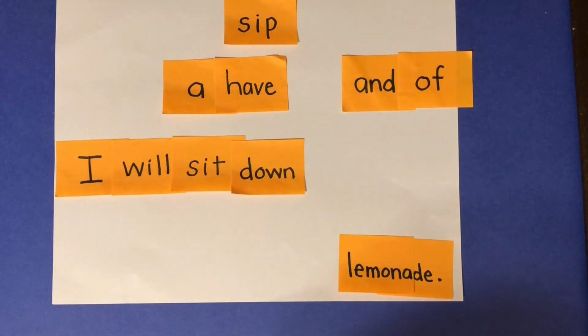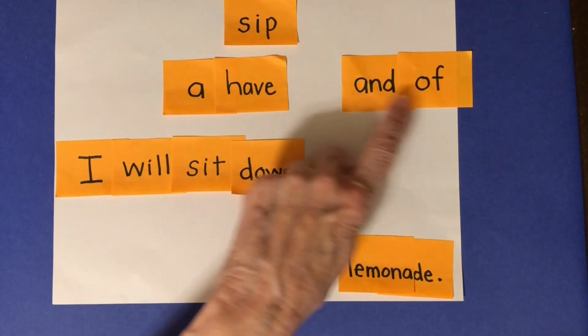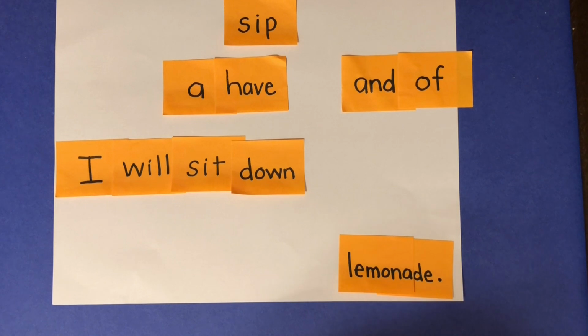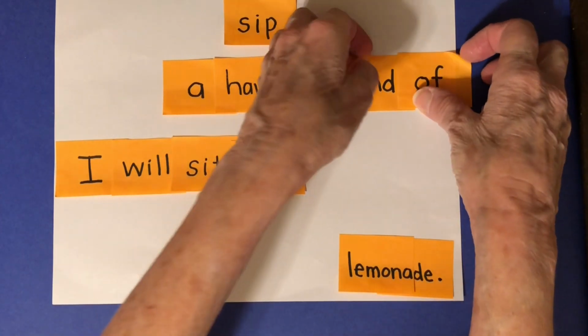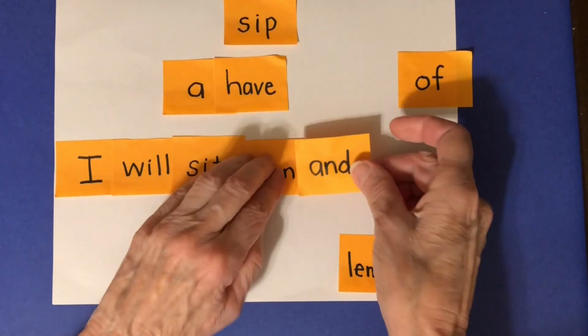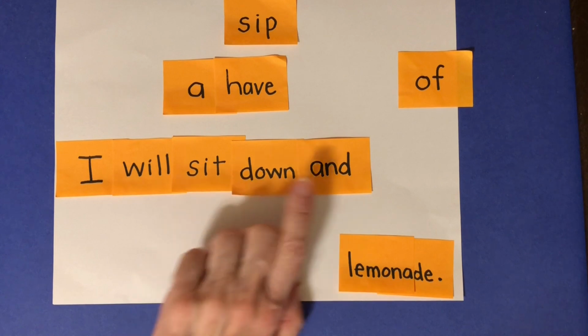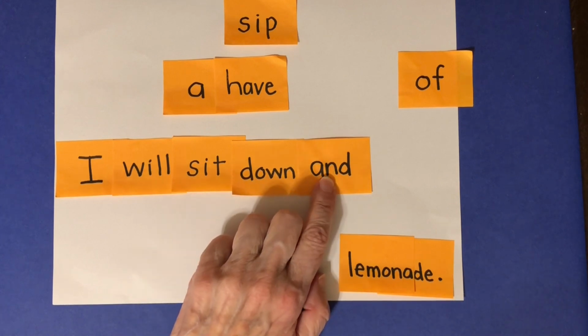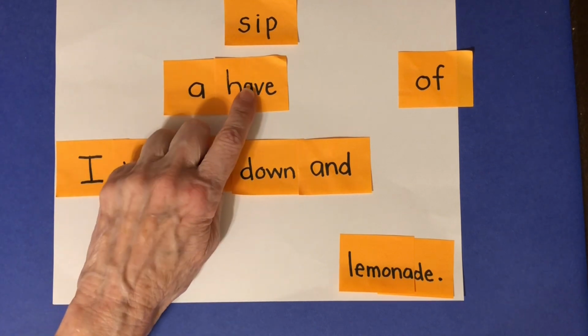What do you think comes next? Sip, have, and, of. Let's try and. I will sit down and sip. I will sit down and have.